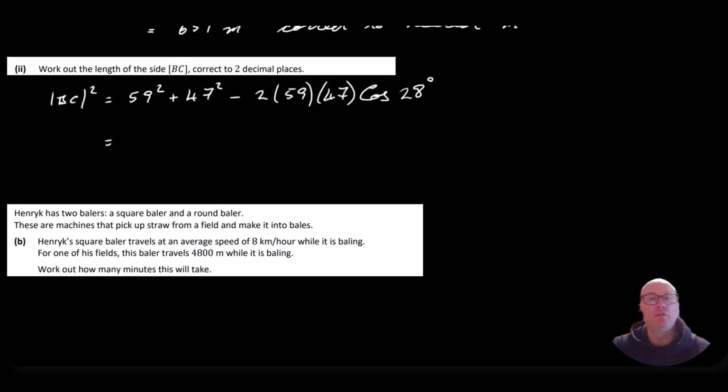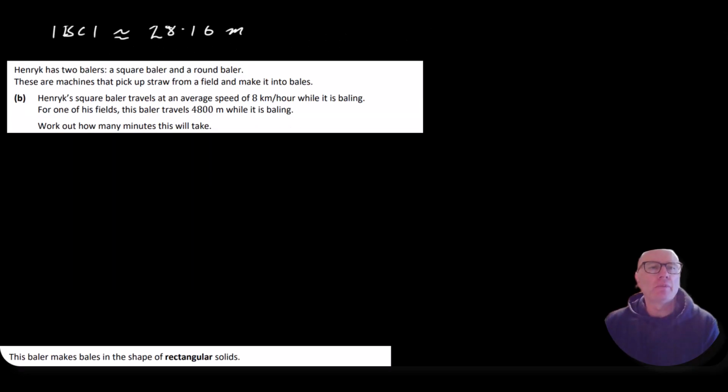So when you do all of that, you get 793.17265. So remember, this is BC squared. We need BC, so we've got to square root both sides. When you square root this and round it to 2 decimal places, you get 28.16 meters.